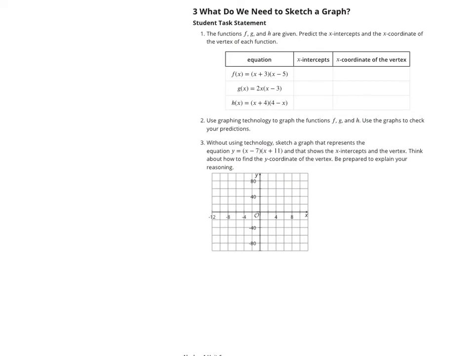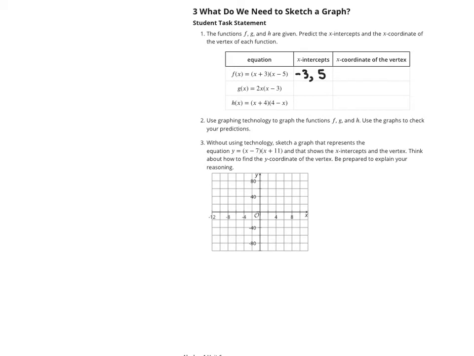If we look at what we need to sketch a graph, the functions f, g, and h are given. Predict the x-intercepts and the x-coordinate of the vertex of each function. So here my x-intercepts are going to be negative 3 and 5. The x-coordinate of the vertex is going to be halfway in between.